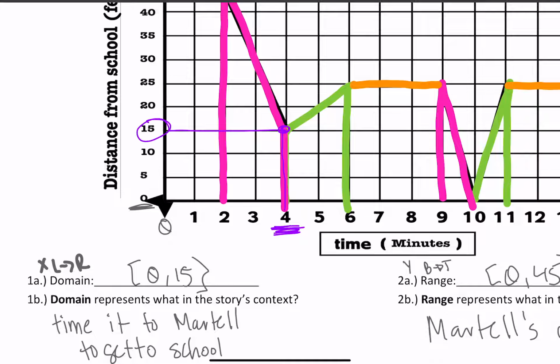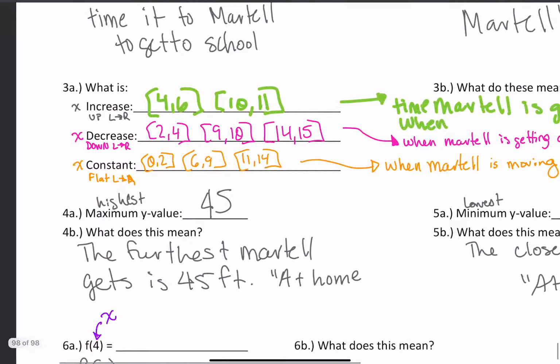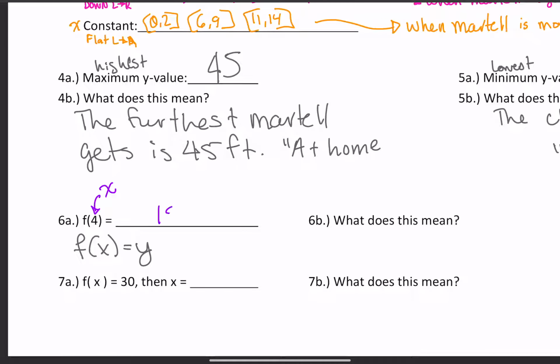The y number partner is 15, right? So what does this mean? Well, x's represent time, y's represent distance from school. So this means at 4 minutes, Martel is 15 feet from school.